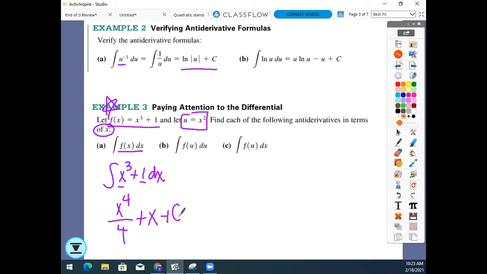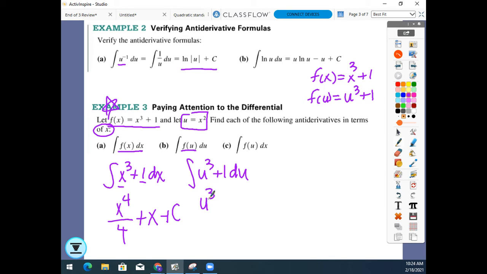All right. So f of u. So let's think about this. If f of x is x to the third plus 1, what is f of u? It is u to the third plus 1, right? So we're going to do first this in terms of u. Antiderivative is just like what we did over here.